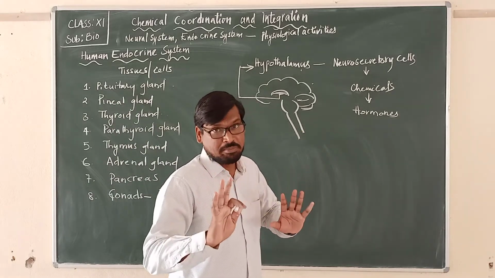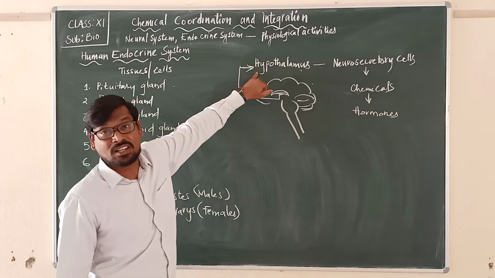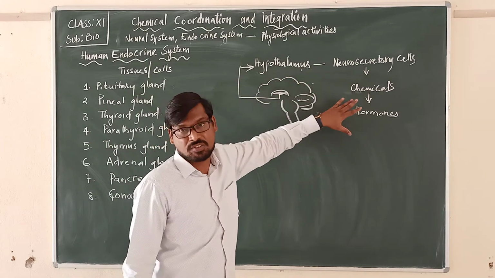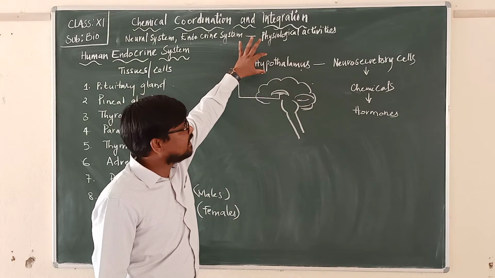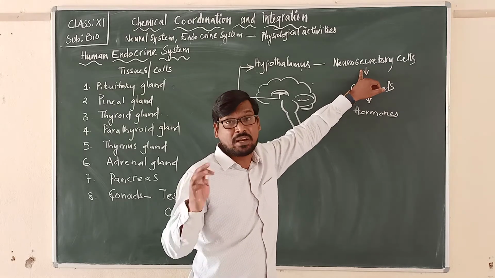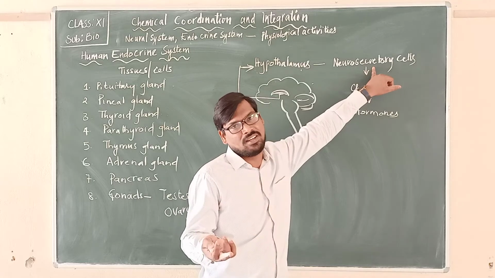So the point you have to remember is that hormones are also produced by the hypothalamus region of the brain. The hypothalamus contains special cells, like the other cells of course, but these are called neurosecretory cells.